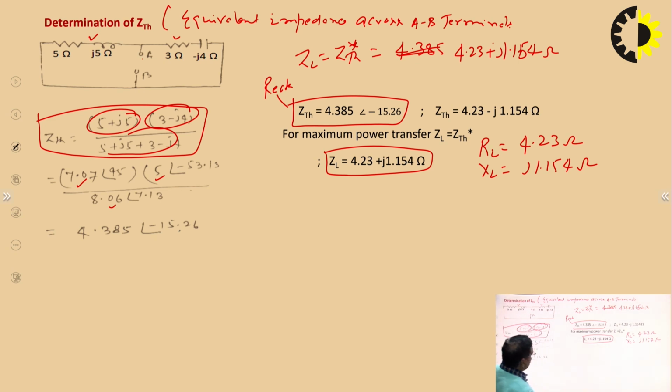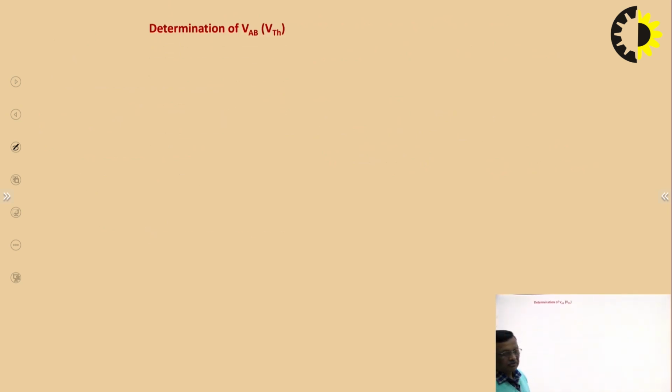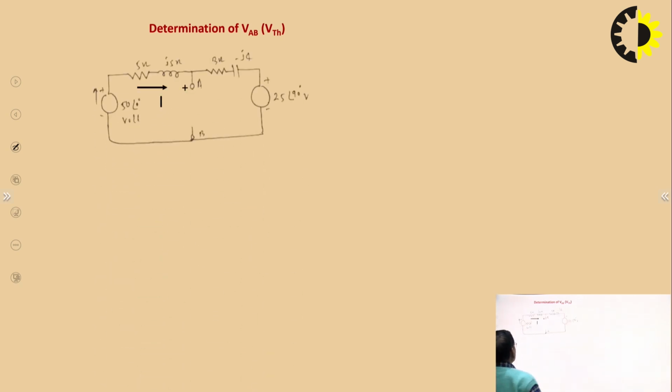So now go for the VAB, the voltage across AB terminals, that is the open circuit voltage. So open circuit voltage is nothing but the Thevenin voltage. So you have to find the Thevenin voltage. So this is the network, and you have to find the voltage across this AB. So what we have to do?